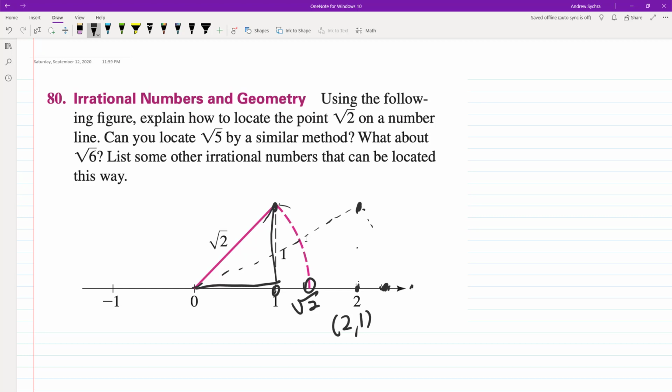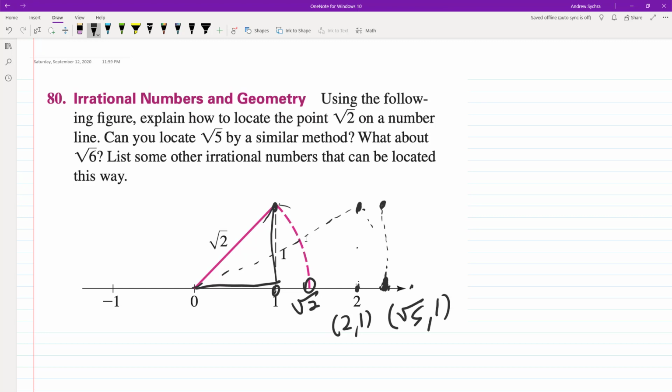And same thing as square root of 6. It'd be a little bit harder. And actually, for square root of 6, you would take square root of 5, and then you go 1.